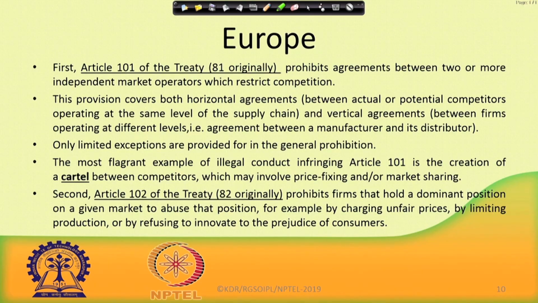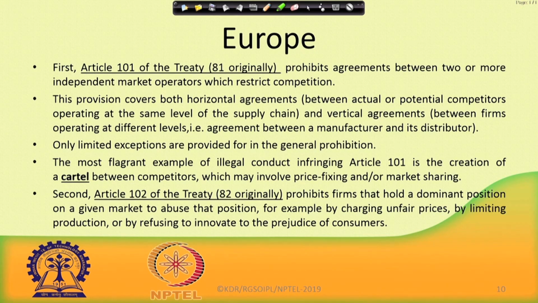Both horizontal and vertical agreements are included under Article 101 of the treaty forming the European Union. And again you can see that under European law, cartels are considered the most illegal conduct infringing these provisions, and we will see what a cartel is in the coming classes in detail.